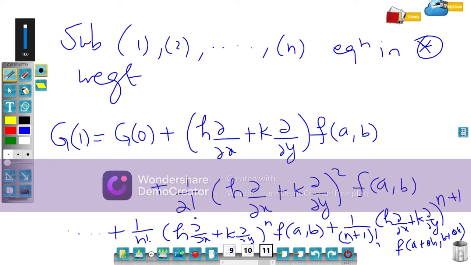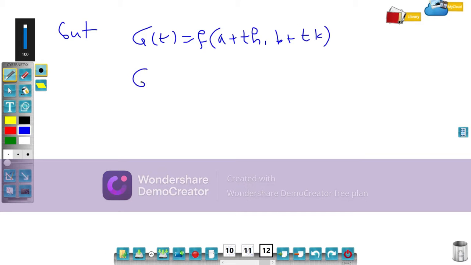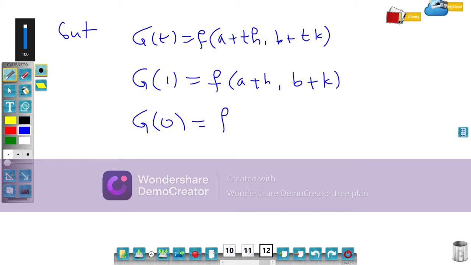Now you may ask the question, what is g of 1 and g of 0? g of t is f of a plus th comma b plus tk. So g of 1 will be f of a plus h comma b plus k, and g of 0 is equal to f at a comma b.